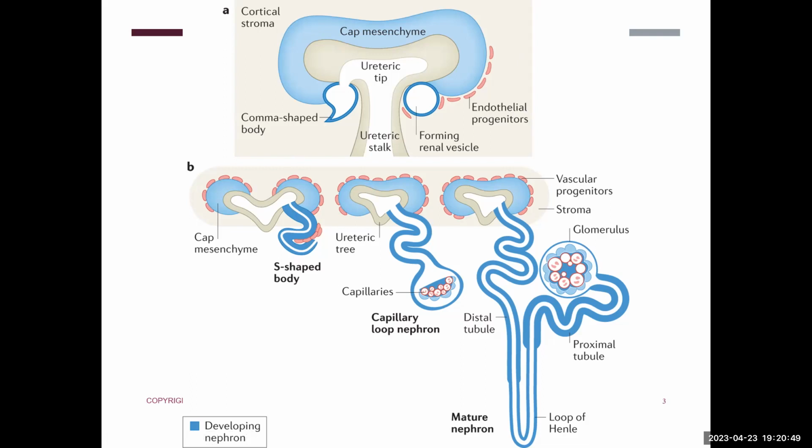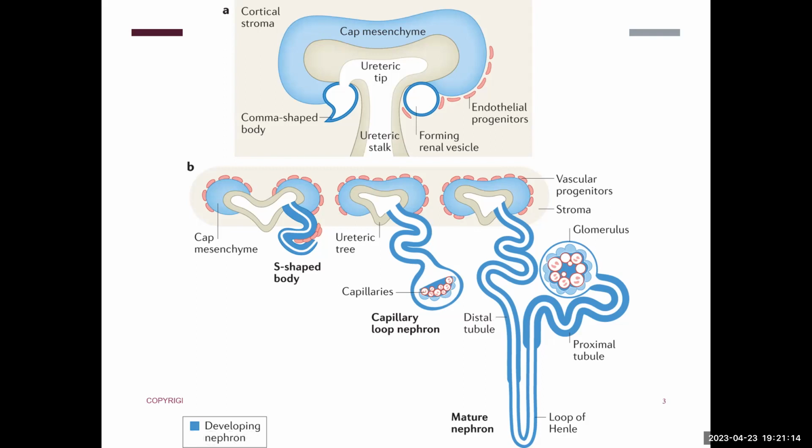The development of the glomerulus occurs over here when podocyte precursors lining the S-shaped body secrete VEGF2, that's vascular endothelial growth factor 2, that attracts endothelial cells to generate a primitive vascular tuft that you can see here.